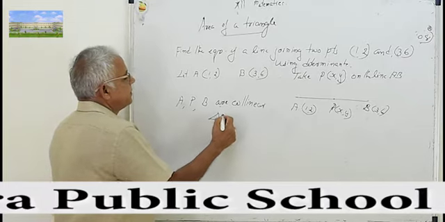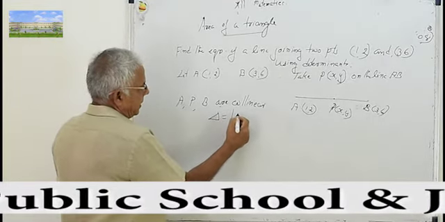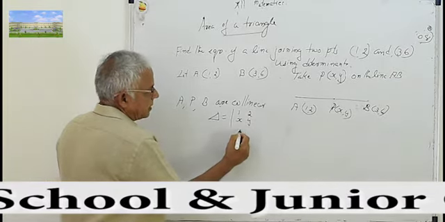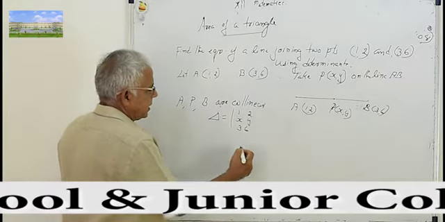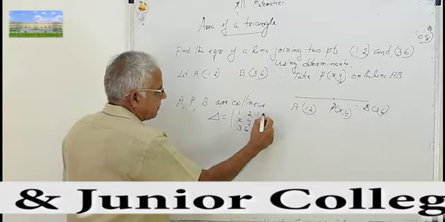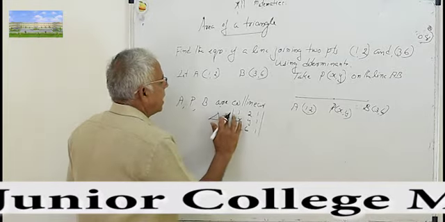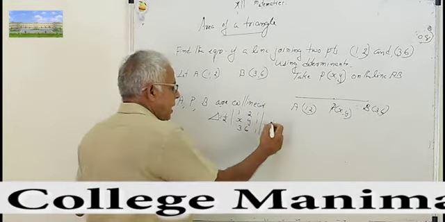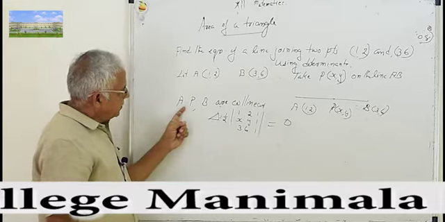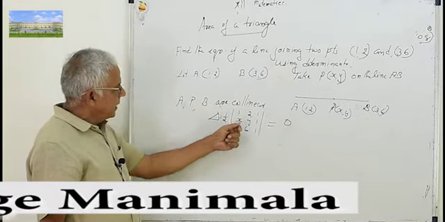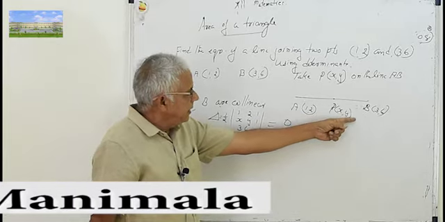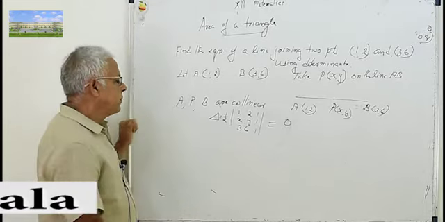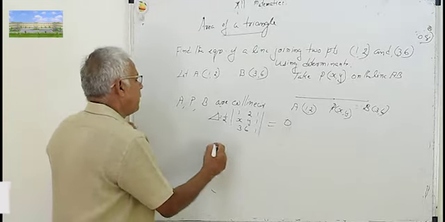So, delta, the determinant with rows (1, 2, 1), (x, y, 1), (3, 6, 1), is equal to 0.